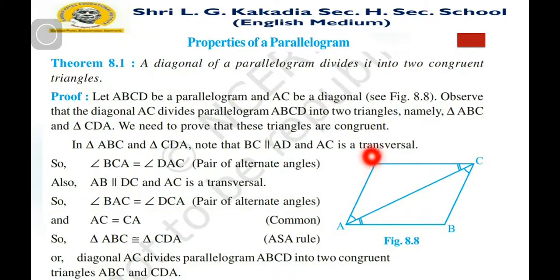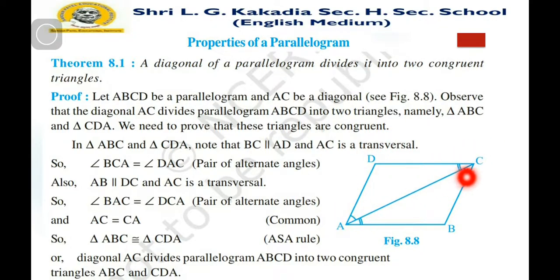As you know, opposite sides are parallel in a parallelogram. So AD and BC are parallel, and AC is a transversal of these two parallel sides. Hence angle BCA equals angle DAC.